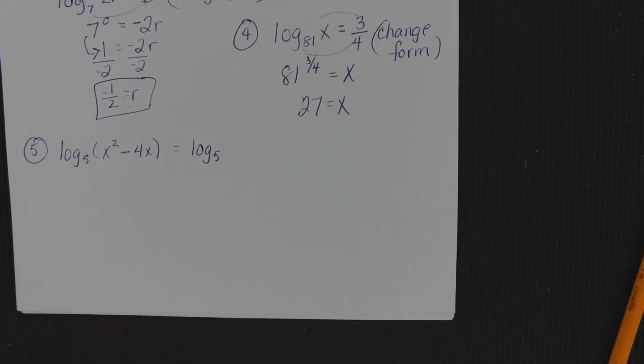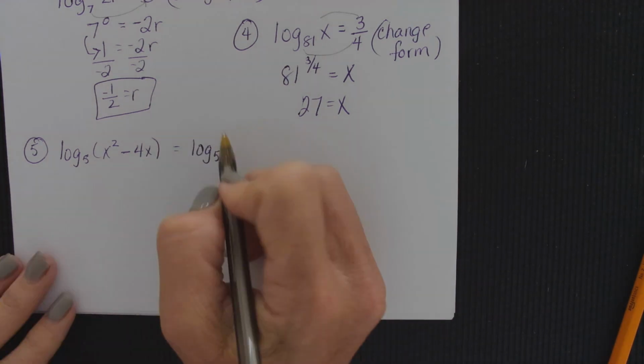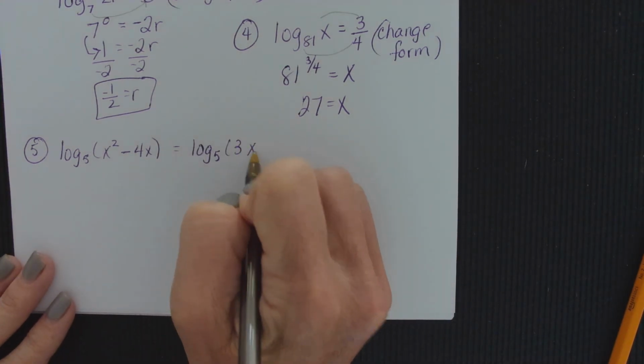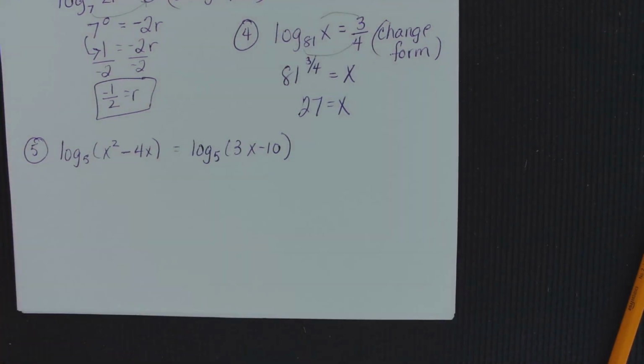They're matching. There's two x's in the same line. I know the bases are the same. So my rule of matching base logs, I can cross those out.